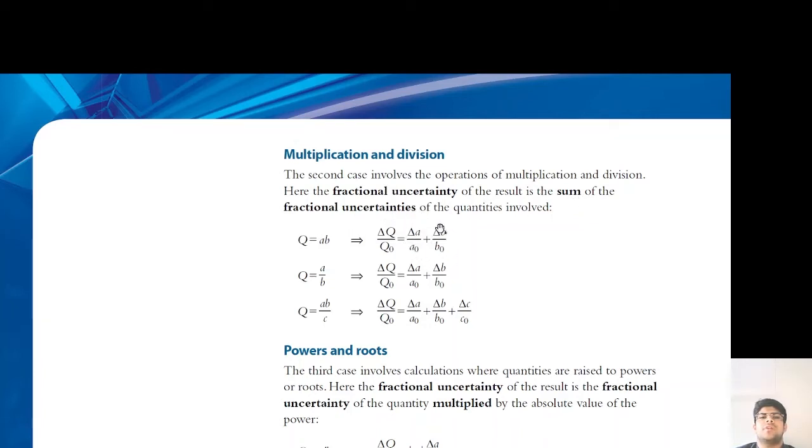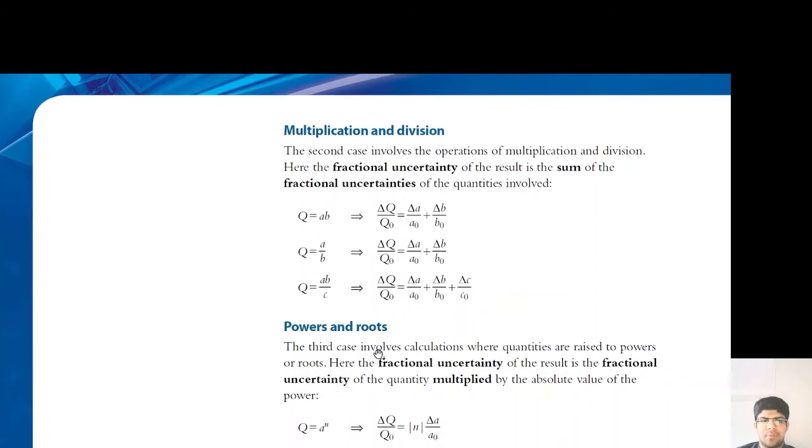This is the fractional uncertainty that I had explained before. So if there is a over b, dividing them, then also you have to add them, and if it is a into b over c, then also you have to add up the three fractional uncertainties.